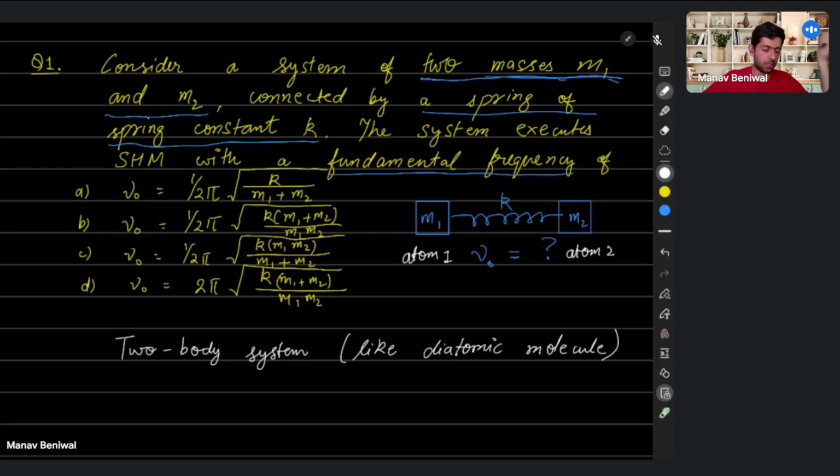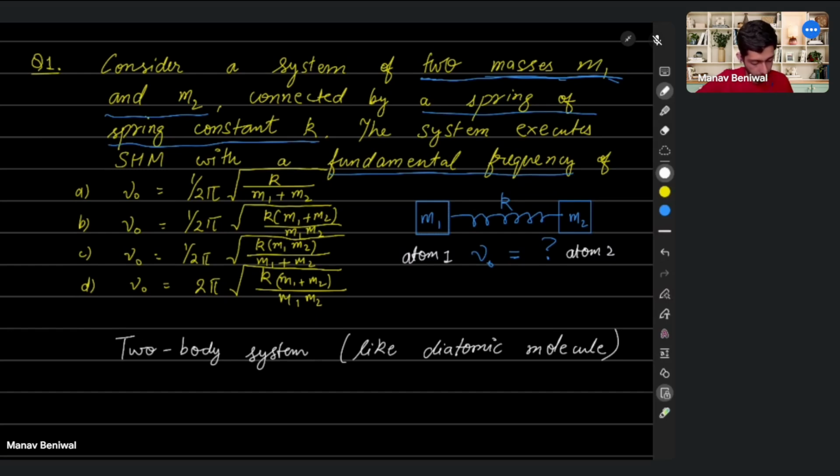So this can be, for example, hydrogen and chlorine, and we can assume that the attraction between them is like a spring. They are attached to each other with some spring, and the spring has constant k. Then what we want to find is the fundamental frequency of such a molecule, or in this case just two masses attached with a spring.